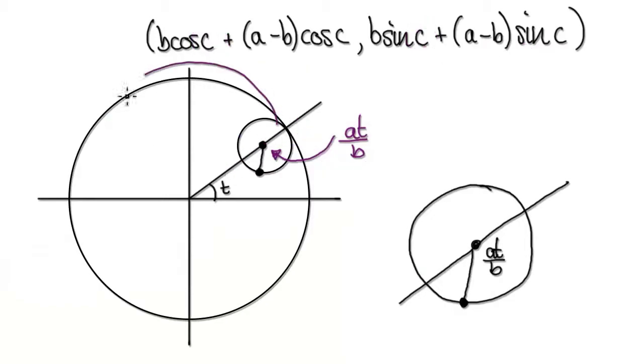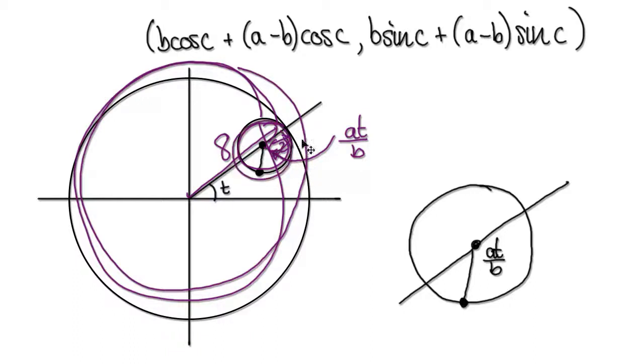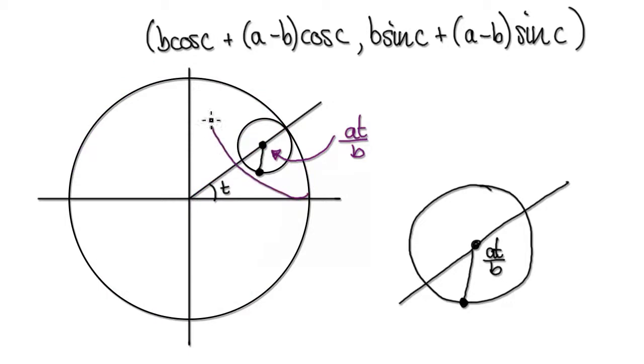If we make the radius of the big circle 8 and the radius of the small circle 2, then we know that the circumference of the big circle will be precisely 4 times the circumference of the small circle, meaning it will give us this path here.